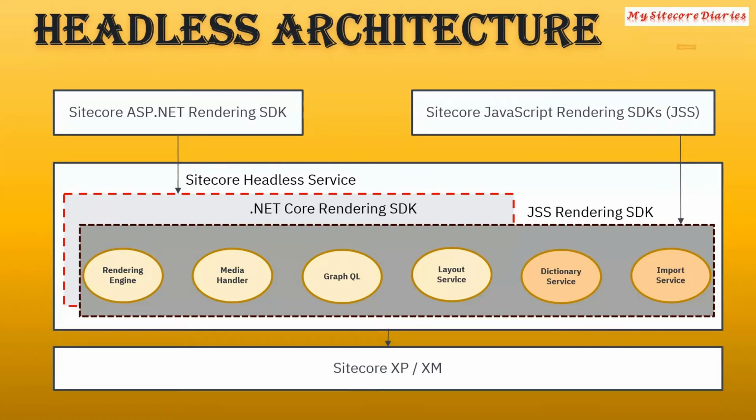Whereas on top of this, there are the dictionary service and import service, which are also used by the JSS rendering SDK. And then you have the Sitecore instance, it can be XP or XM, where content authors can manage their content. So this is a high level Sitecore headless architecture.